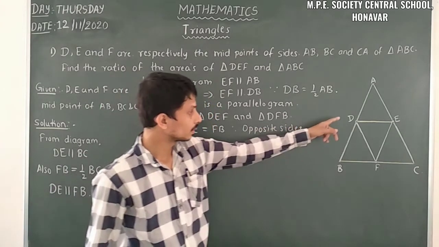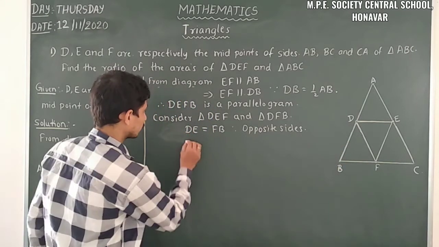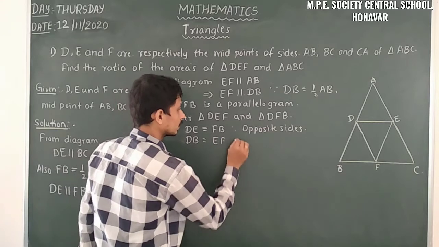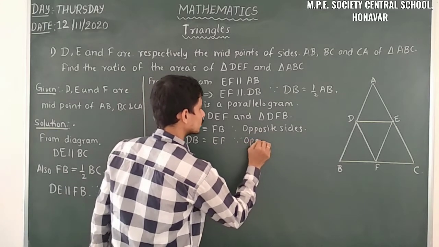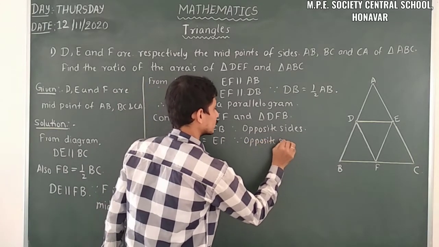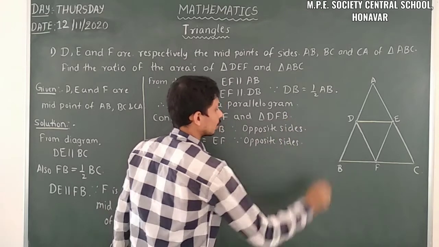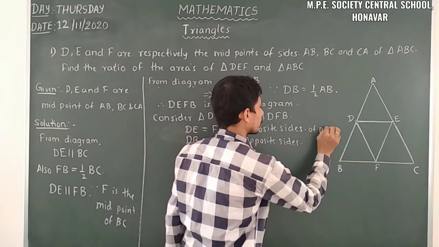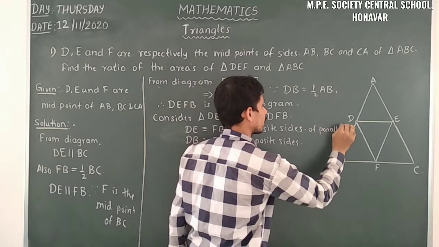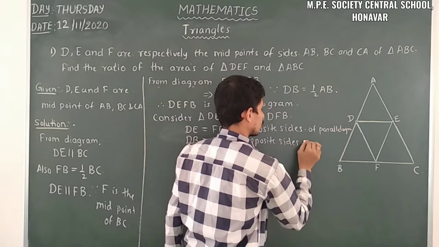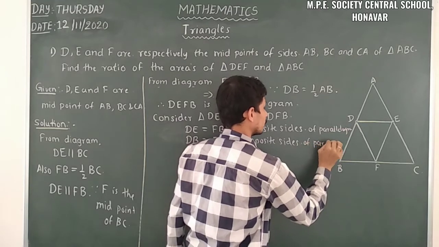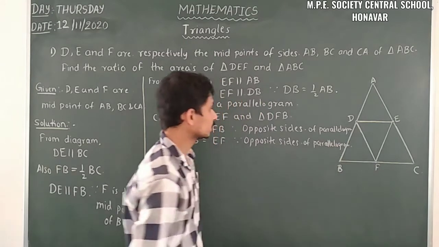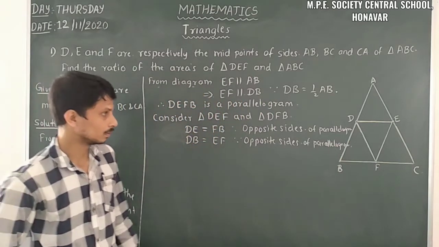Then DB is equal to EF, which are also opposite sides of a parallelogram. So you have to write, opposite sides of a parallelogram.